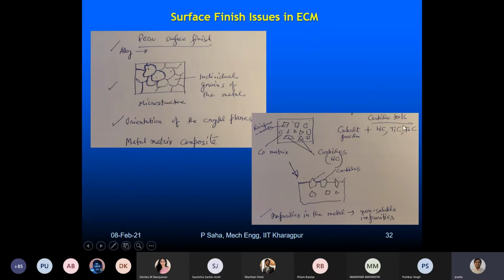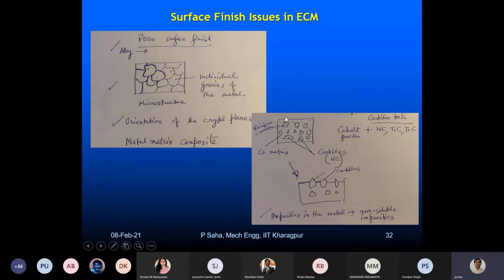Now, internally, when you look again by polishing and under a microscope, you see these irregular shaped reinforcement particles in the matrix. They are engulfed and surrounded by a liquid which melts during the sintering process and surrounds them from all sides.